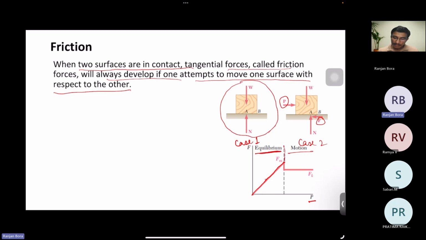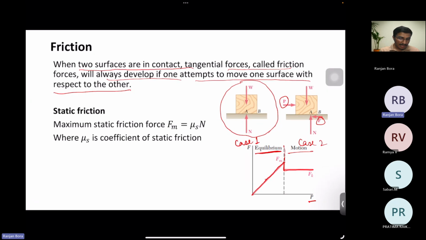After this force Fm has been reached, the body will start moving. And when the body starts moving, this force Fm slightly reduces, then it will remain constant for the whole motion of the body. This Fk is known as kinetic friction. This Fm is known as static friction.